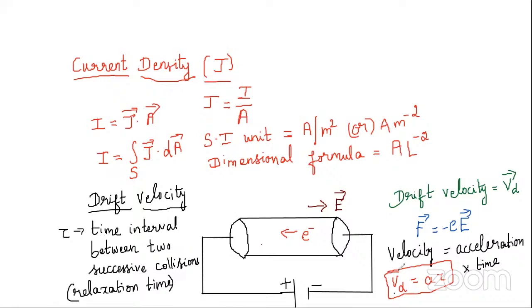This is the expression for the drift velocity, and this acceleration can be written as minus E capital E by m. So the expression for this drift velocity is Vd equal to minus E capital E divided by m into tau.